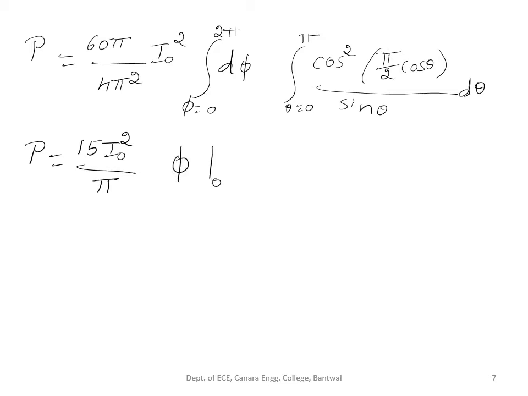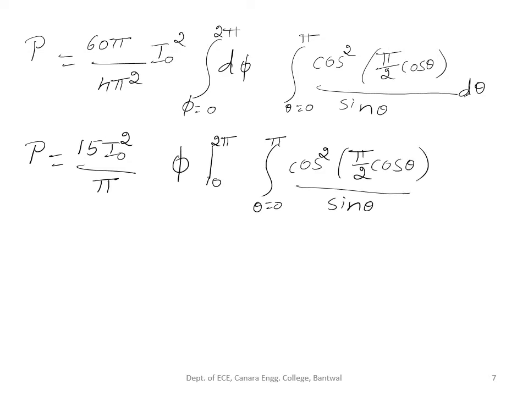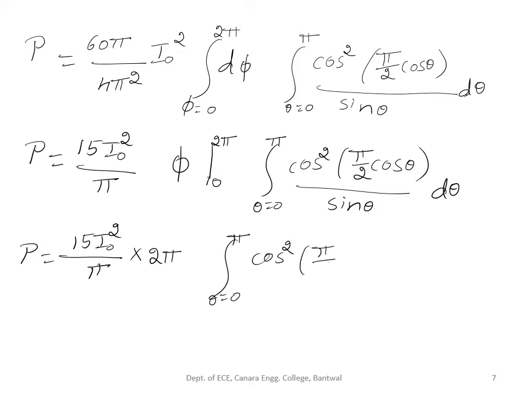The integration of d phi is equal to 2 pi, limit 0 to 2 pi, so radiated power is 15 I naught square divided by pi into 2 pi, integral theta equal to 0 to pi cos square pi by 2 cos theta divided by sin theta d theta.